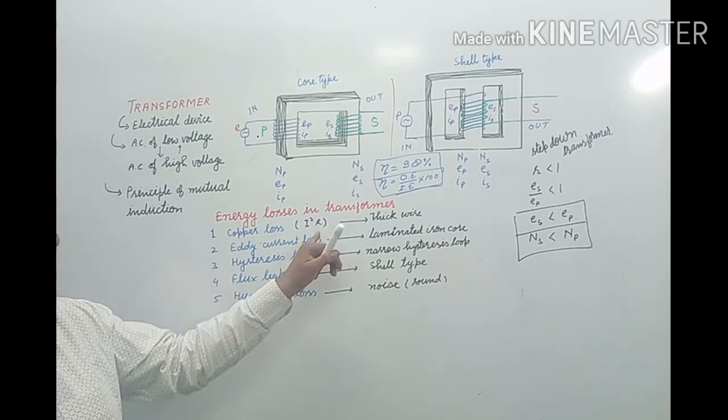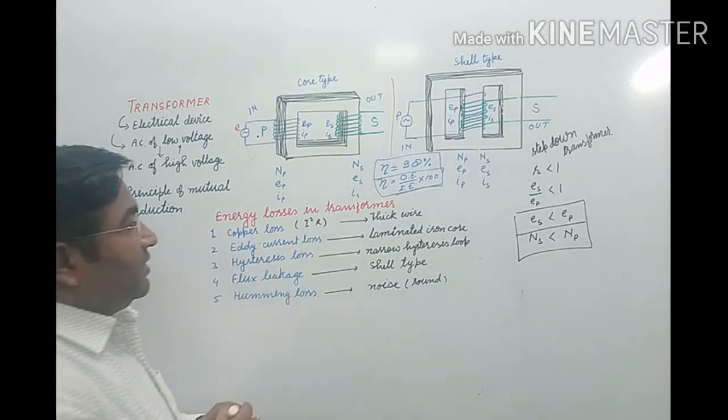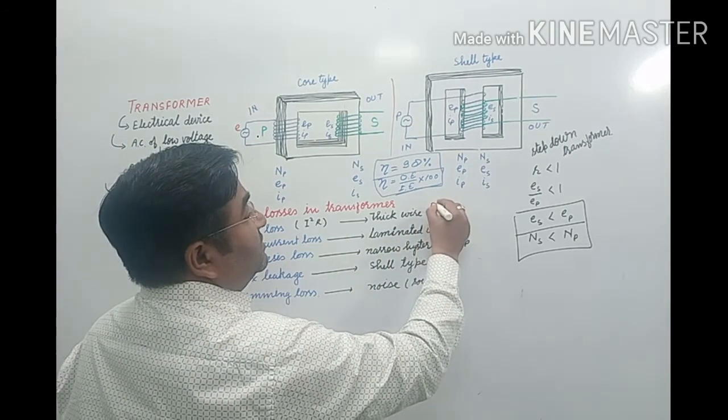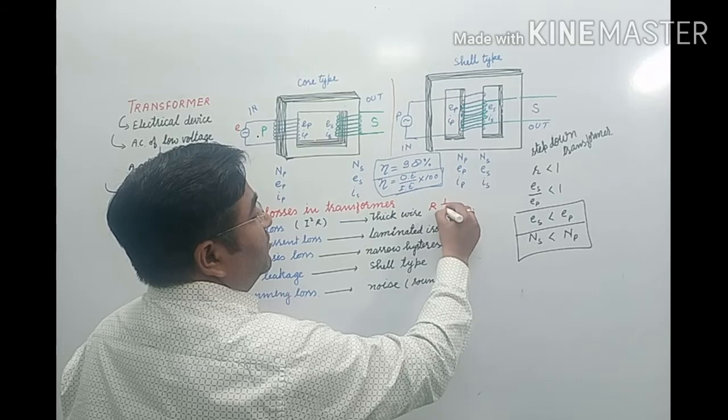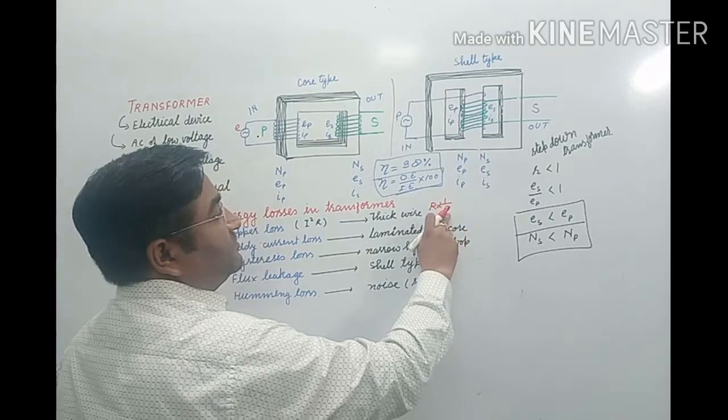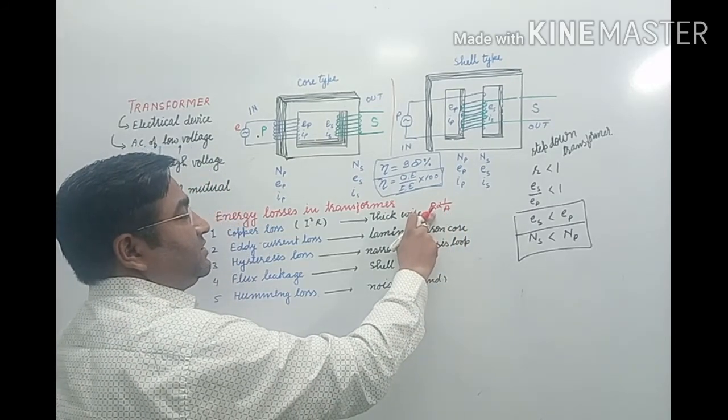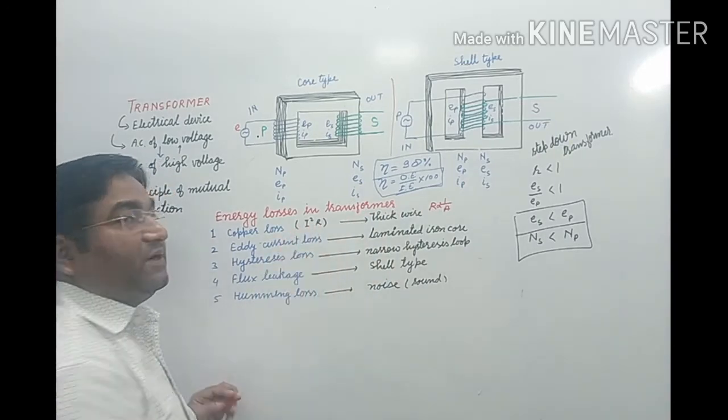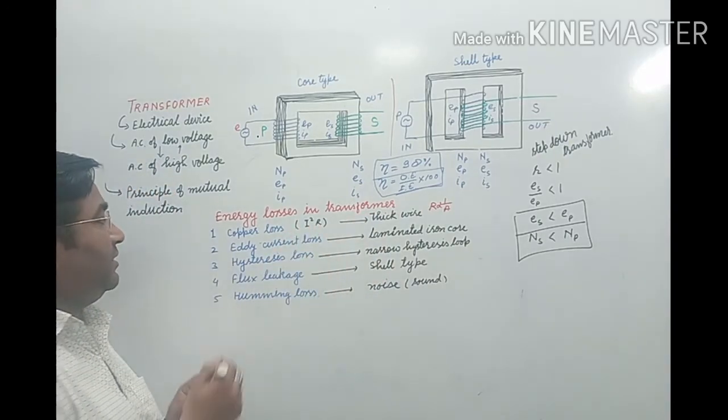Then resistance will decrease, because R is inversely proportional to cross section area. As area increases, resistance decreases, therefore heat loss will decrease.